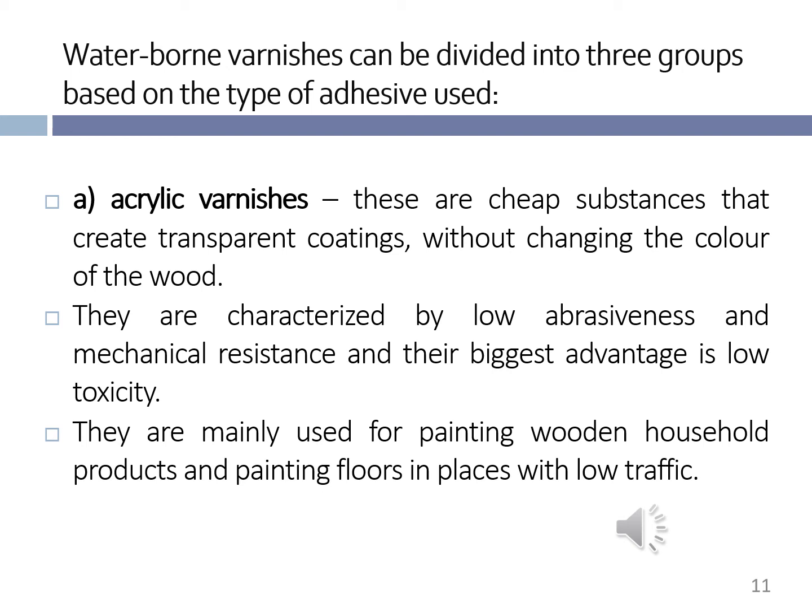Waterborne varnishes can be divided into three groups based on the type of adhesive used. So, the waterborne varnishes, which are formed from solvents, mainly water, can be further divided into three groups.